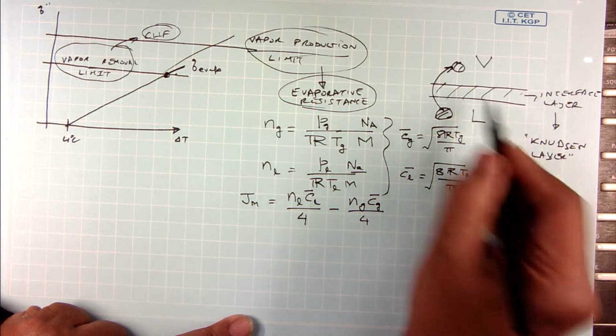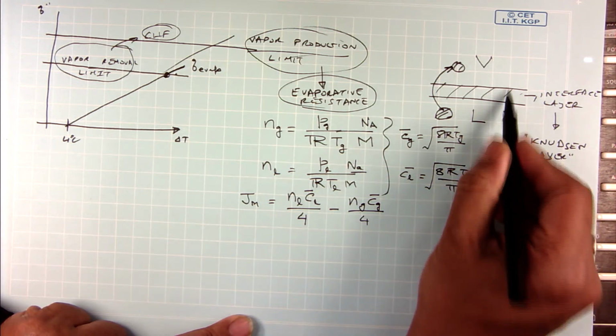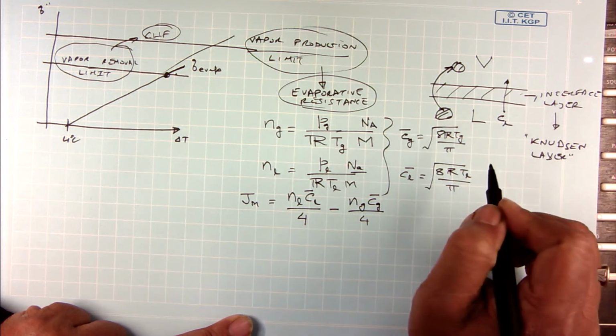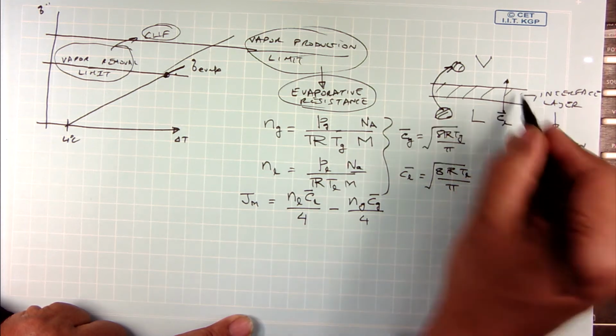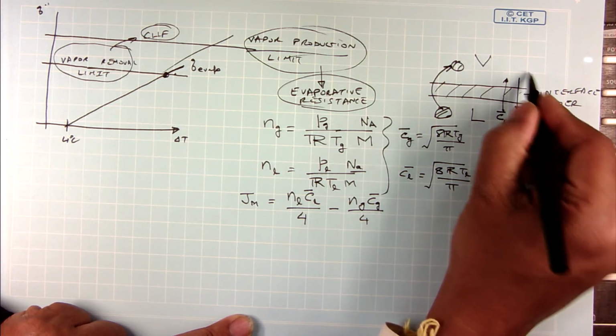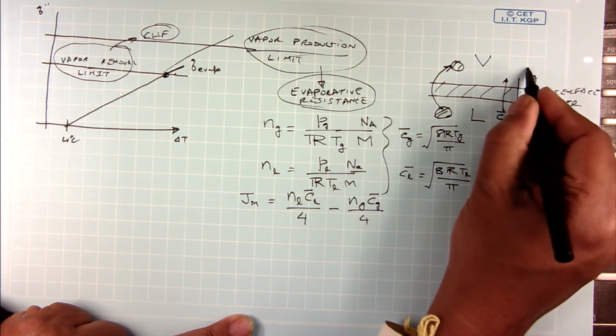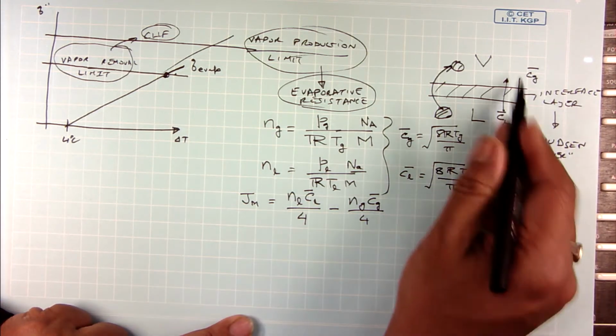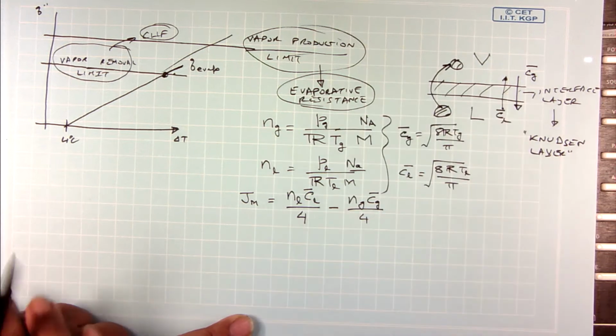So in other words, liquid molecules are moving into the vapor with a speed of CL, isn't it, and vapor molecules are correspondingly coming into the liquid with a value of Cg. And so the difference of these two fluxes is the net rate at which I have evaporation happening from the liquid to the vapor. Does that make sense?